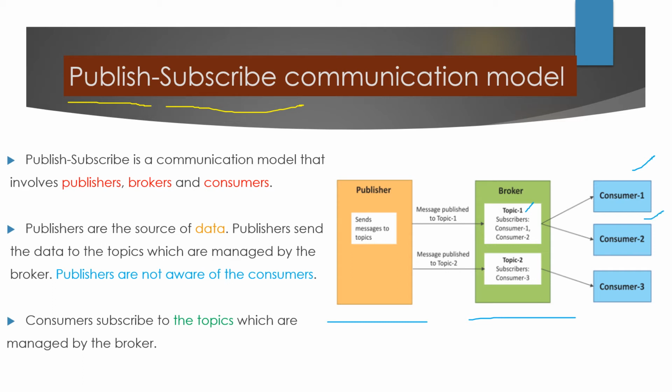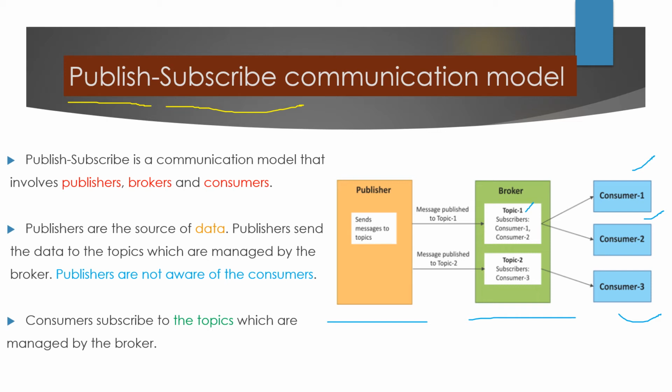Coming to topic 2, it contains only one subscriber, that is consumer 3. If there is data related to topic 2, it will be given only to consumer 3, and the data related to topic 1 will be given to consumer 1 as well as 2, because they both are subscribed to that topic.